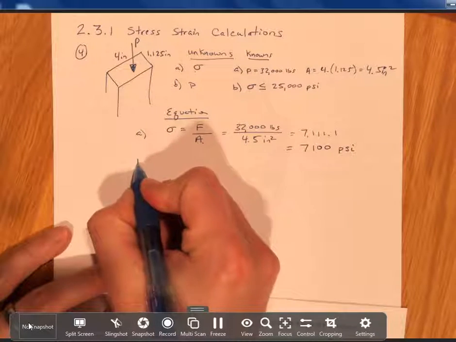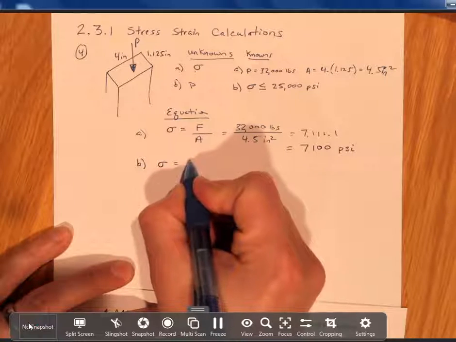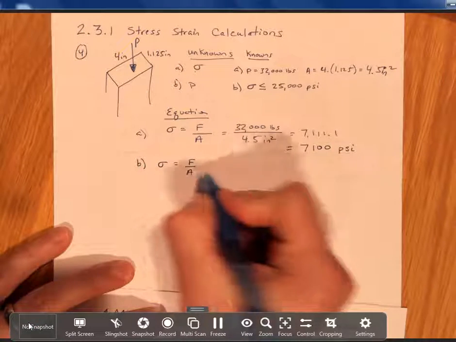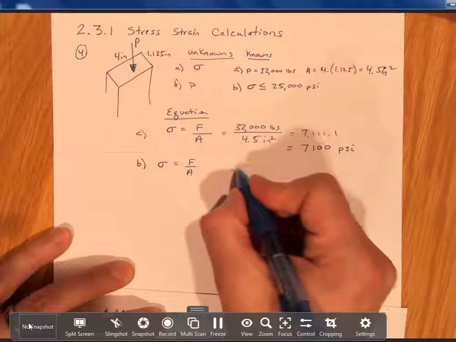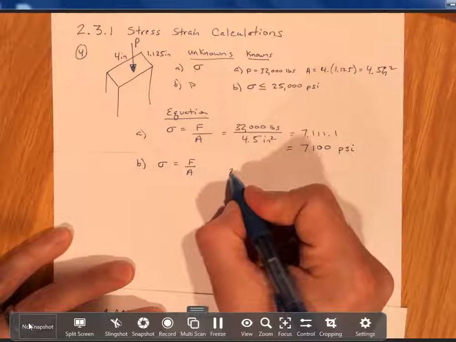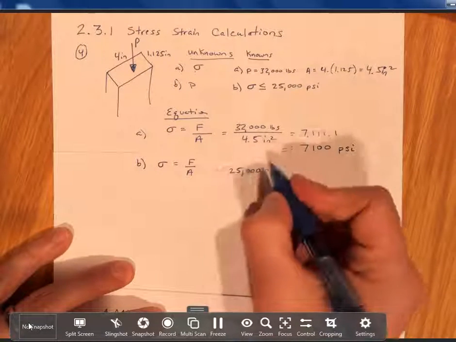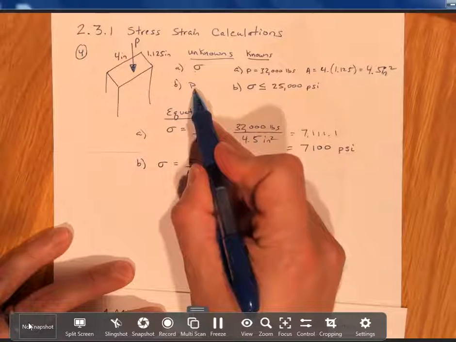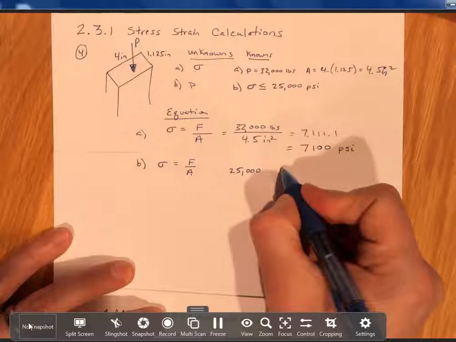So part B, I'm still going to have stress is equal to force over area as our relationship, right? And this time we're told that the stress should not exceed 25,000 psi. So we've got the 25,000 as our stress. They're asking for this load, this amount of force.